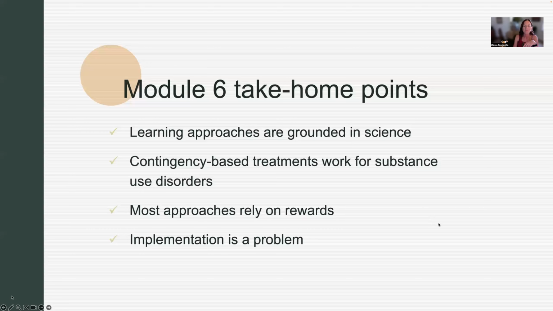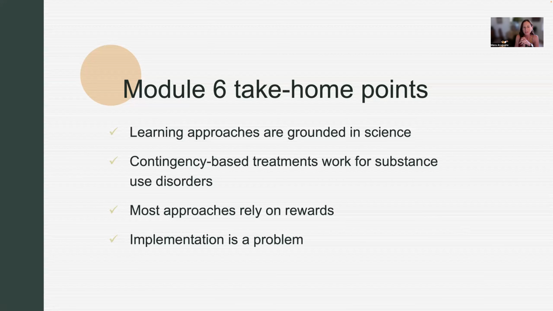So anyway, let's sum up what we can take home from this module. The learning approaches are heavily grounded in science, and that's great, because there's tons of data that says these kinds of approaches work. We can increase behavior. People who are addicted actually can make choices.